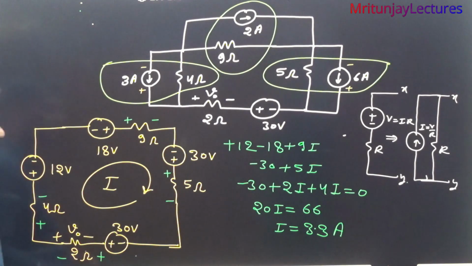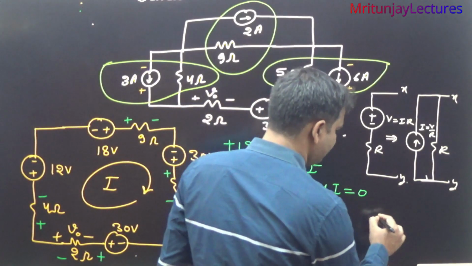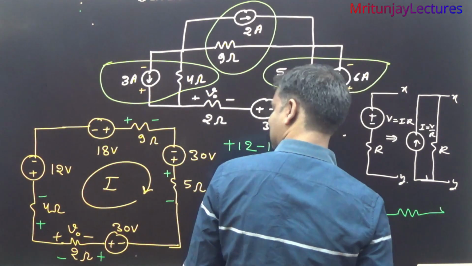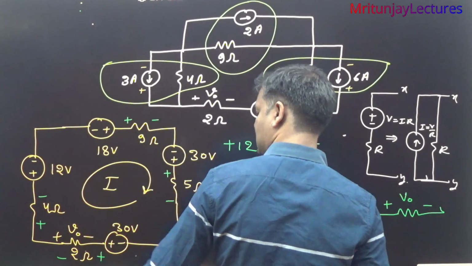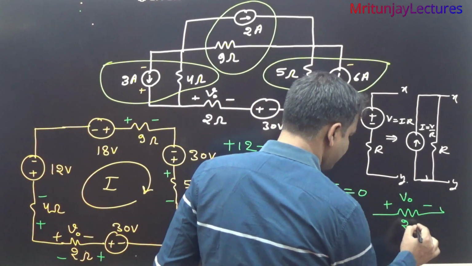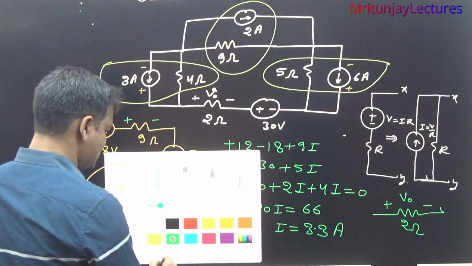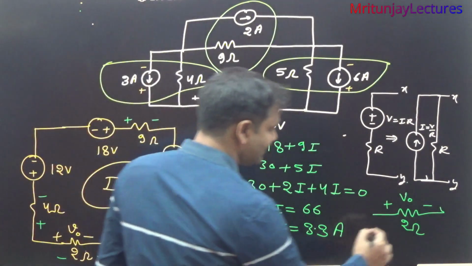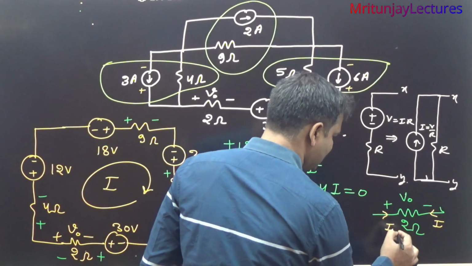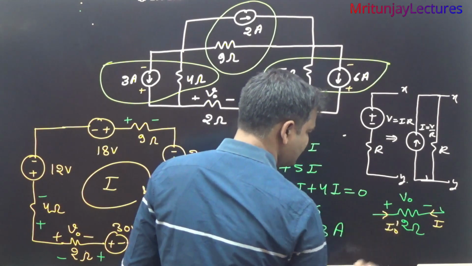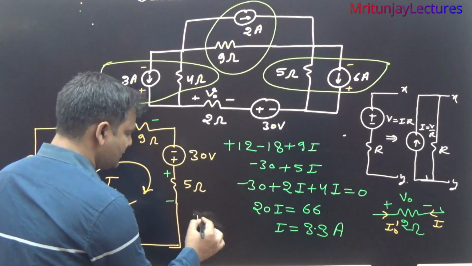What about V0? If you see again, here plus minus V0 is given, and that is 2 ohm. But we have taken the current direction here as I. So if you consider I0 dash, what about I0 dash?